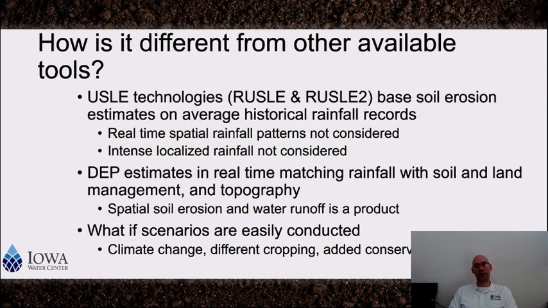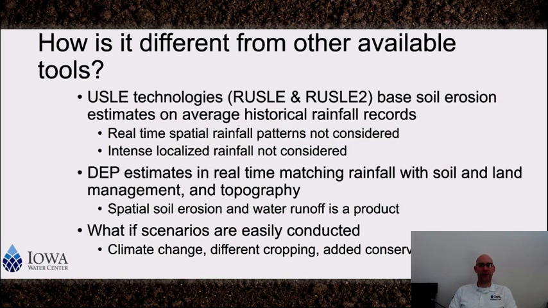We can, in real time, match the precipitation process with a near real-time database of soil, land management, and topography to estimate every day how much erosion is occurring across the state and across the region. Our approach also allows us to easily do what-if scenarios, such as climate change scenarios.